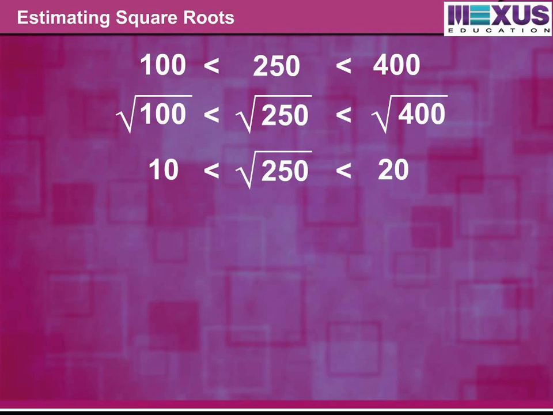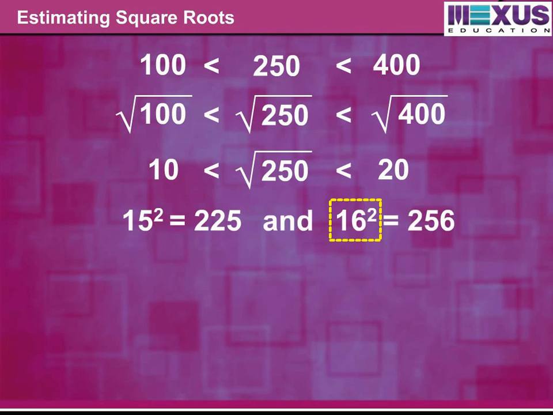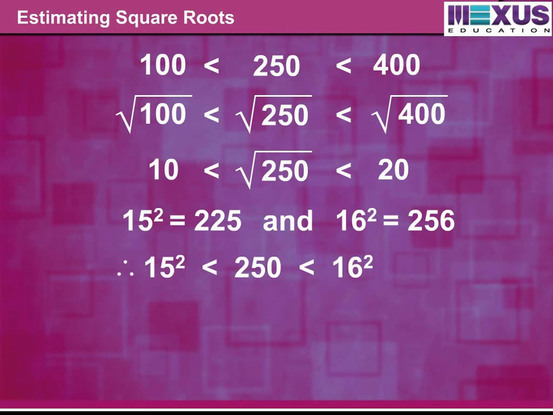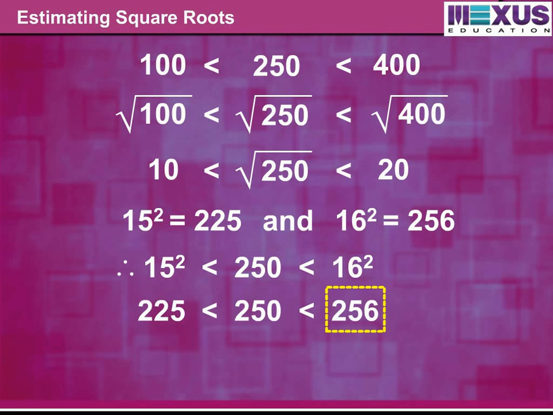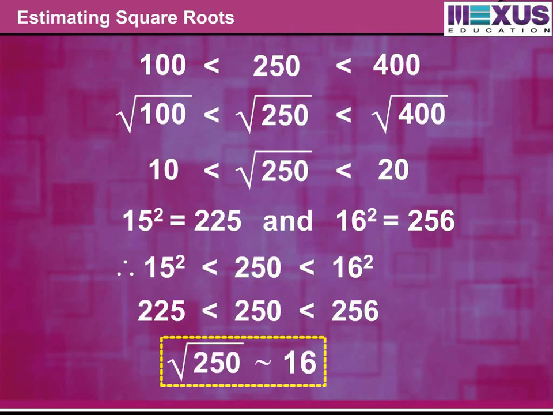But still we are not very close to the square number. We know that 15 square is equal to 225, and 16 square is equal to 256. Therefore, 15 square is less than 250, which is less than 16 square, and 256 is much closer to 250 than 225. So, the square root of 250 is approximately 16.